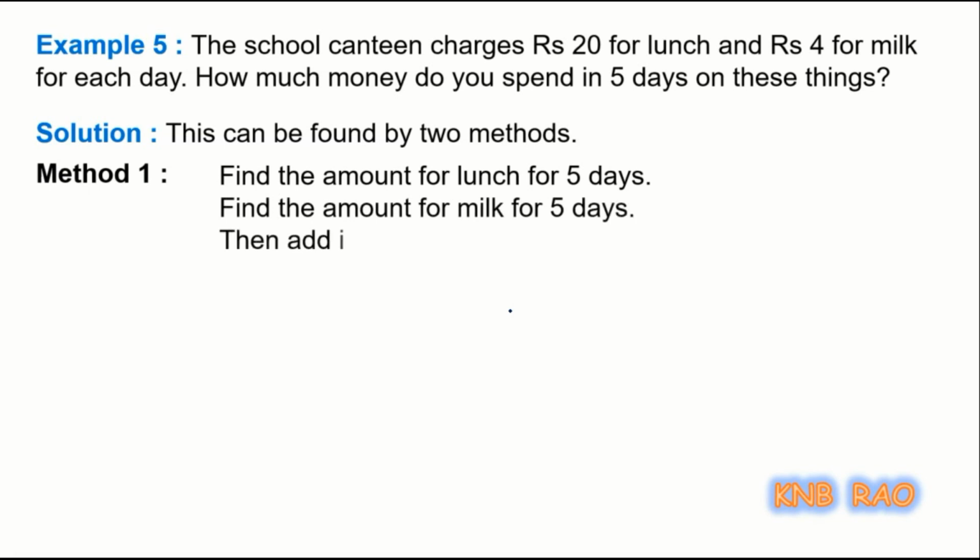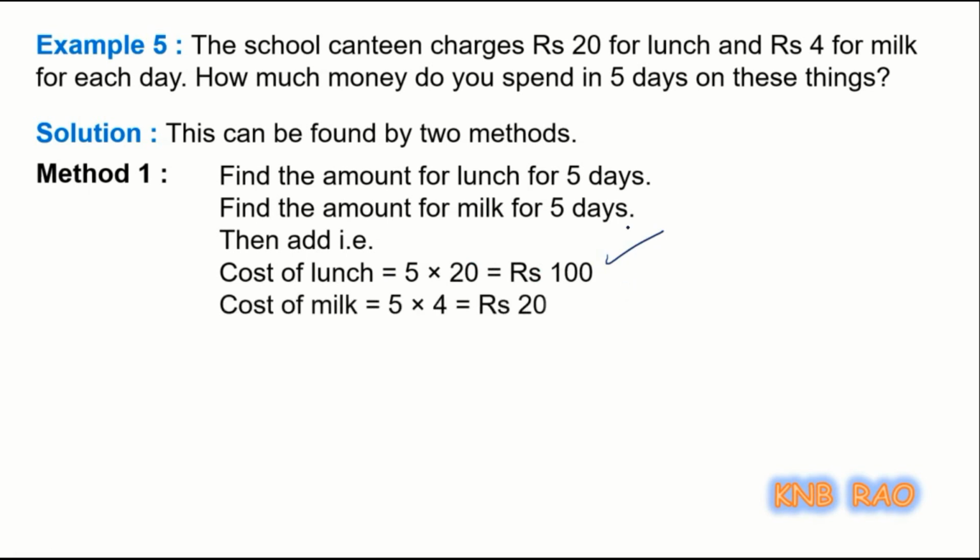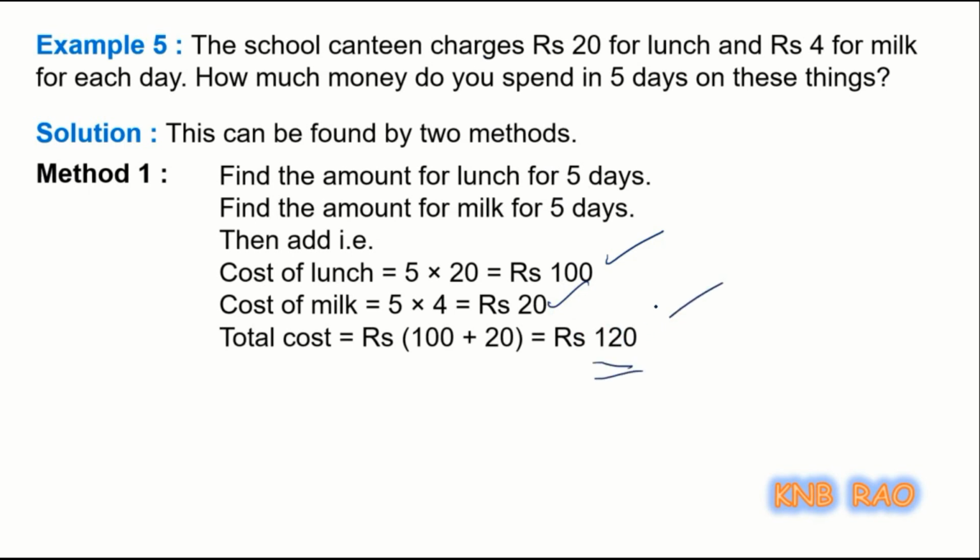That is, cost of lunch is 5 into 20, 100 rupees, and cost of milk is 5 into 4, again 20 rupees. At the end we add these two. Total cost is rupees 100 plus 20, which is rupees 120. That's how we do this addition.